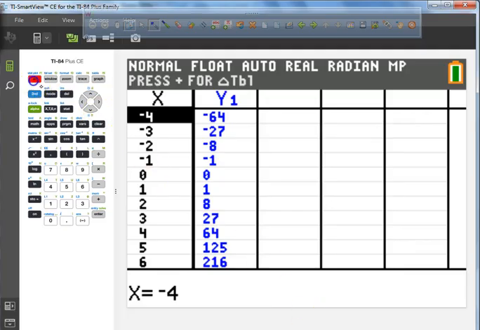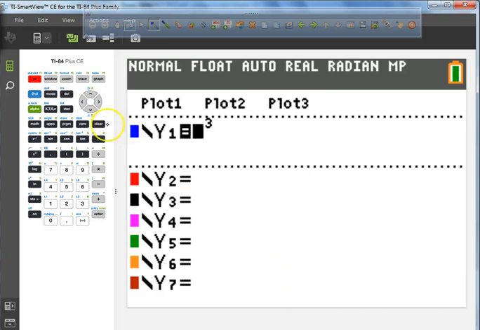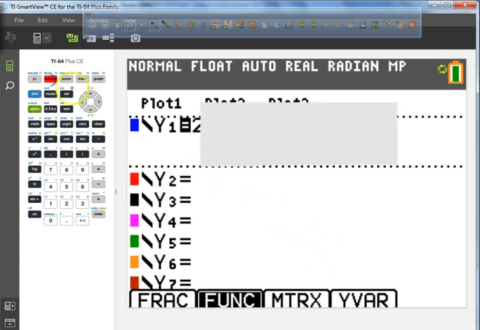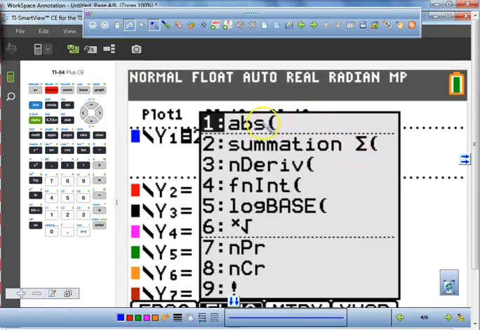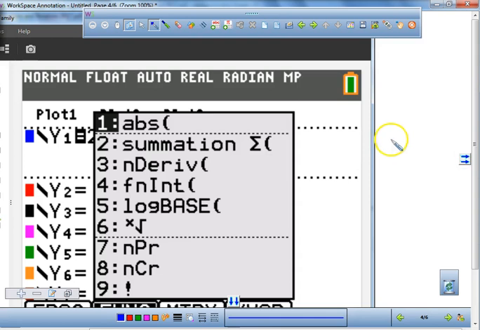So turn them on, hit y equals. Clear this out. We're going to type in a 2. And to get the absolute value bars that are on our graph, I want you guys to hit alpha and then the window button. Okay, take a look at that. The keystrokes that you're going to want to put into your journal are this.